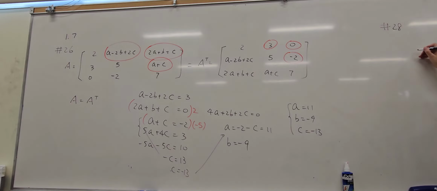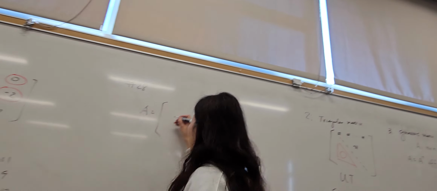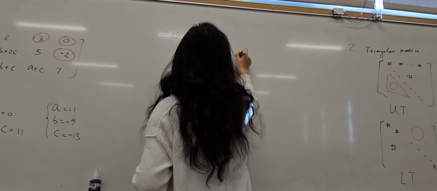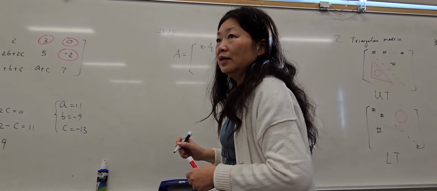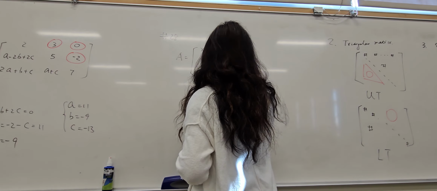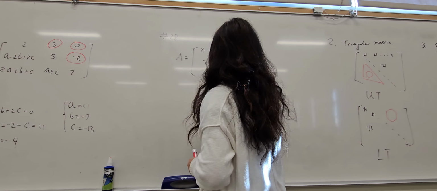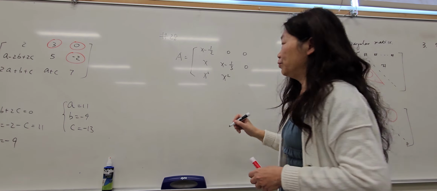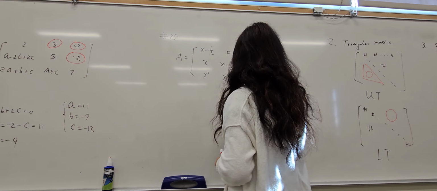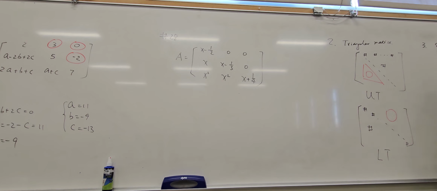We are given a matrix A equal to x minus 1/2, 0, 0, and then x minus 1/3, and 0, x squared, x plus 1/4. If you want A to be invertible, what do you think your x is equal to? What's the main thing?